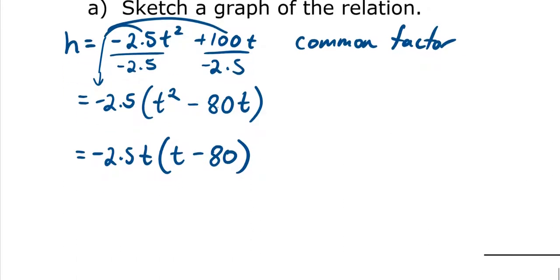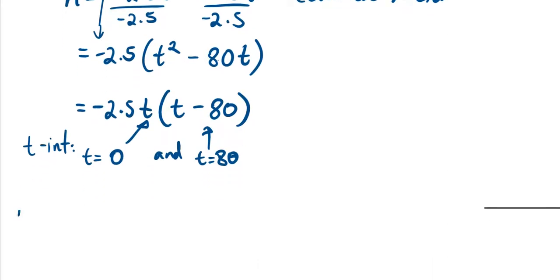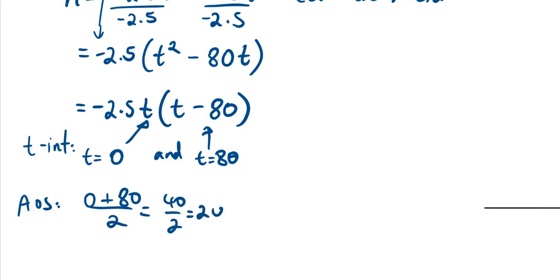So our x-intercepts, or our t-intercepts, from this factor would be 0, and from this factor here would be positive 80. So t equals 0 and t equals positive 80.